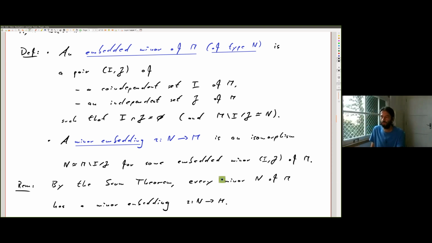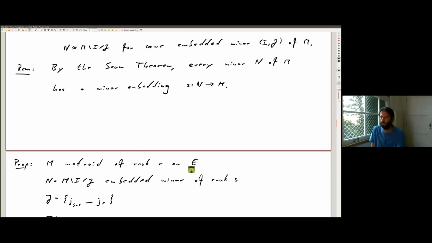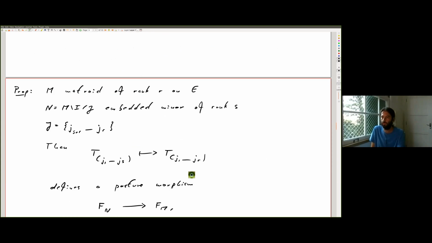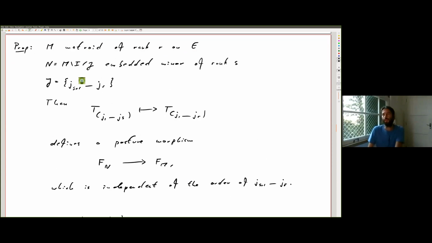The importance of this definition is that we get a functorial behavior for foundations. In fact, for universal pastures, but I don't only care about foundations in this talk. So if M is a matrix of rank r on ground set E, then N is an embedded minor of rank s.